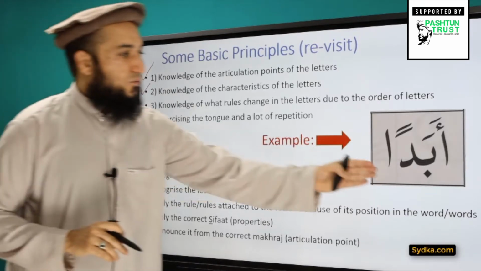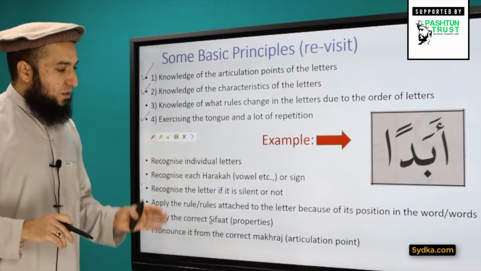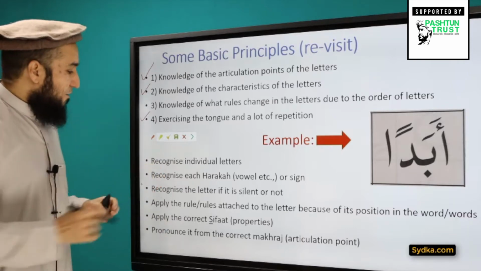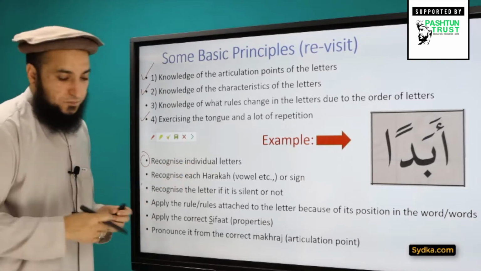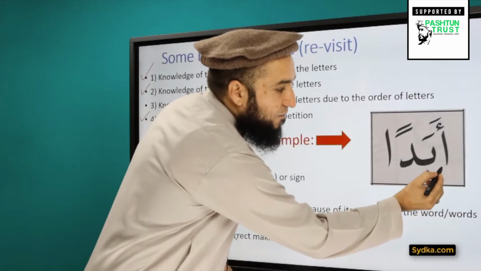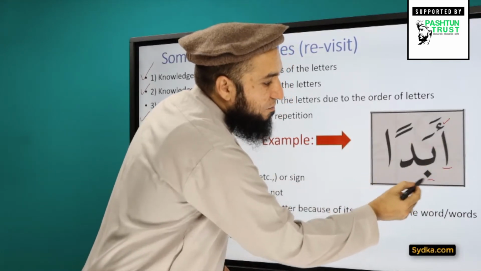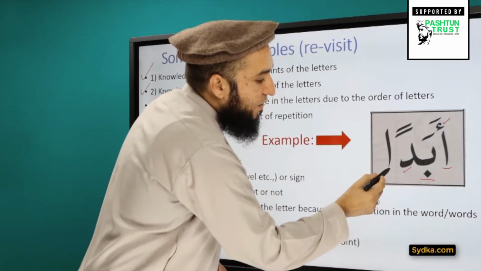So if we are given a word, we have to apply these steps to make our reading or recitation easy. The first one is recognizing individual letters. Here, the first one is alif, second is hamza, third is ba, next is dal, and the final one is alif.